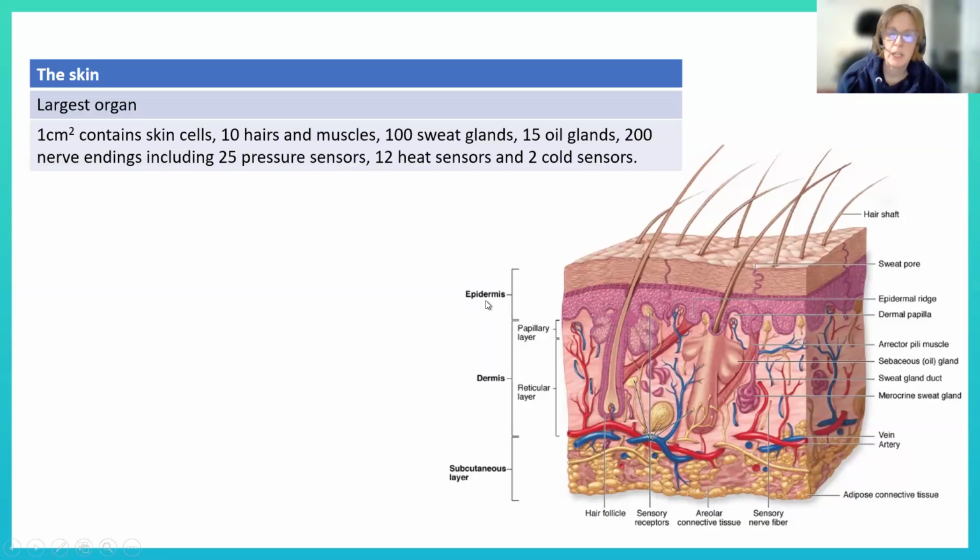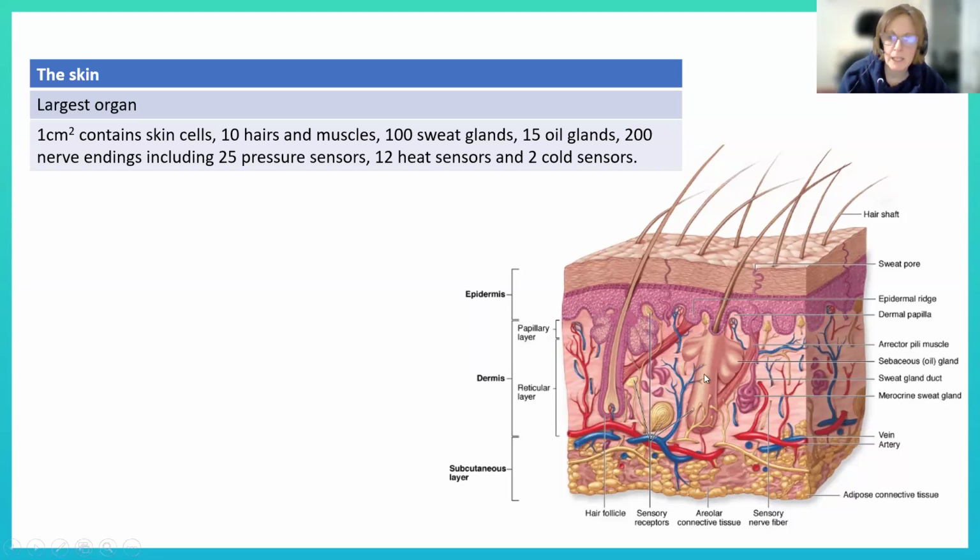And you can see that by looking at this cross section. So hairs, sweat pores, you can see it going through that top layer of the skin there. And then if you look down here, we've got muscles. These erect the hair when we get cold and trap a layer of air to help keep us warm. Not particularly effective in humans, to be honest, but it helps a bit, but pretty effective in animals.